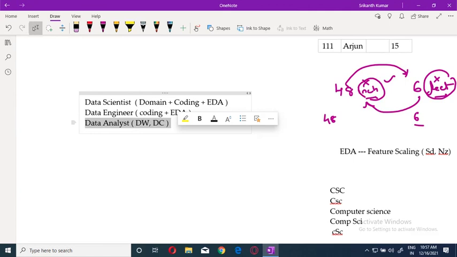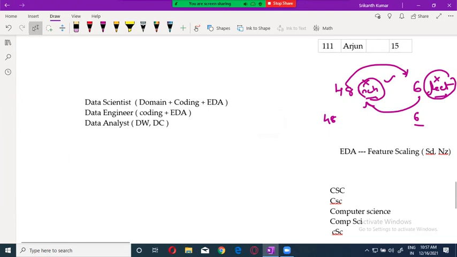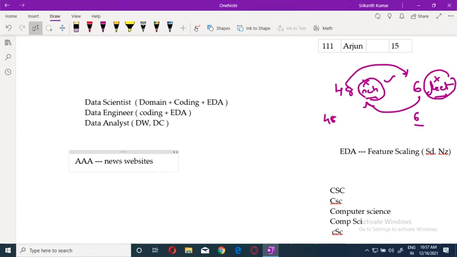Now where did he collect it? Did he go to different places in the past and collect it? He will go to some websites, simple. So my junior level guy collected the data using some news websites. Usually news websites round up the temperature.